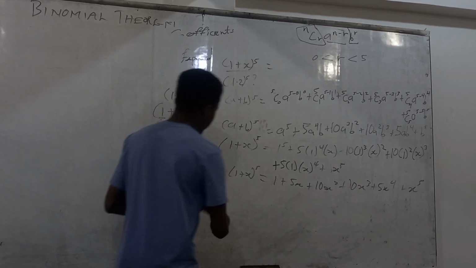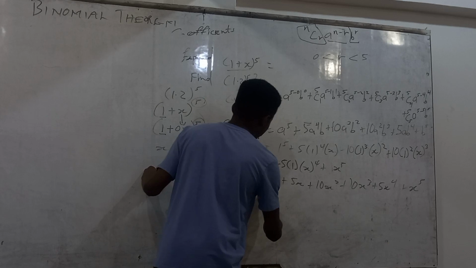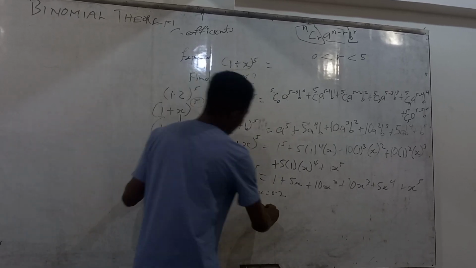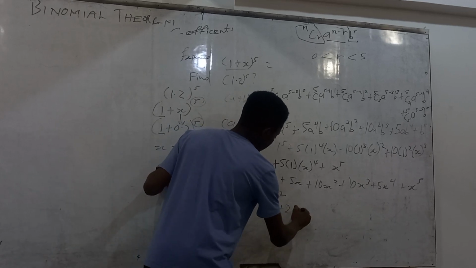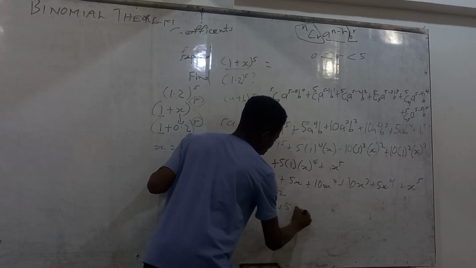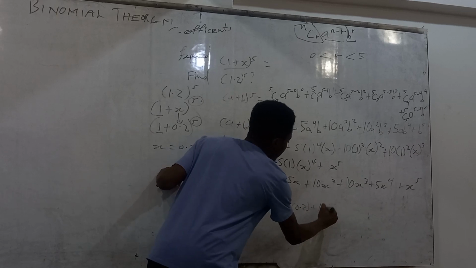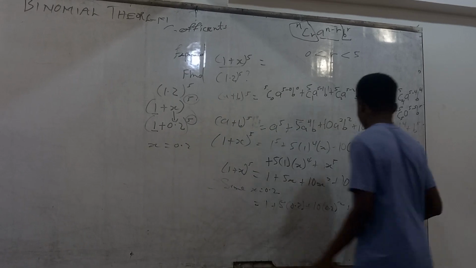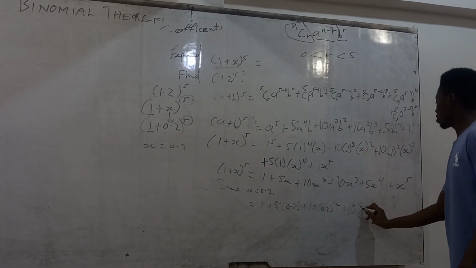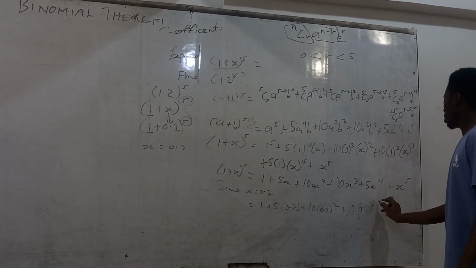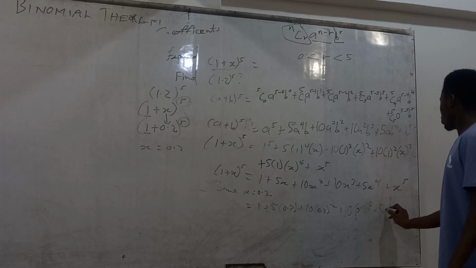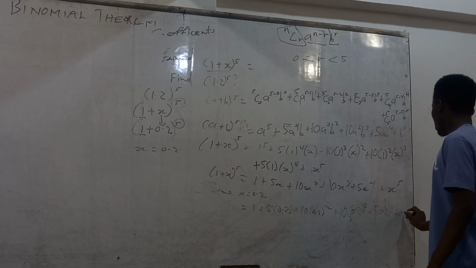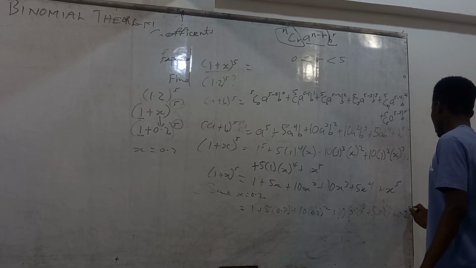Since x is equal to 0.2, then wherever we see x, we insert 0.2. So 5 bracket 0.2, plus 10 bracket 0.2 to the power 2, plus 10 bracket 0.2 to the power 3, plus 5 bracket 0.2 to the power 4, plus 0.2 to the power 5.